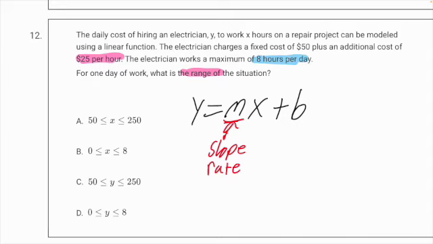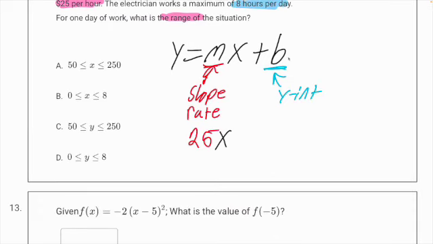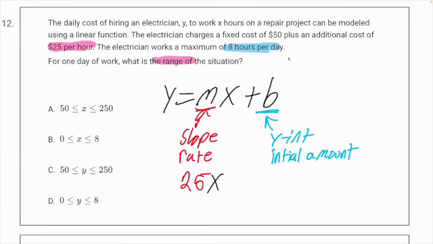25. Guys, check it out. He charges a rate of $25 per hour, so 25x. And then, my B, in this case, B is normally what we call my y-intercept. In other words, we can also say my y-intercept is going to be the initial amount.